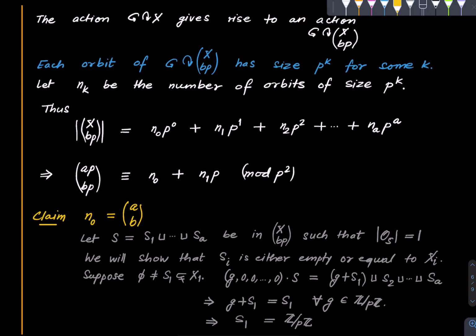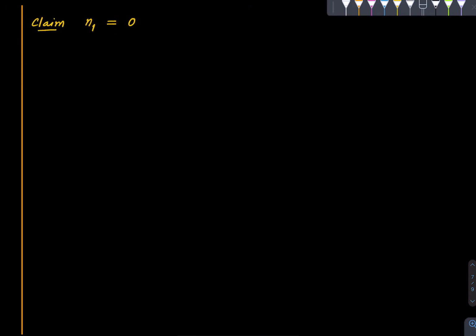Okay, so the second claim is the following. N1 is 0. And you can prove this in exactly the same way as we did this. You just start with some arbitrary element. Let me at least hint how this is done.